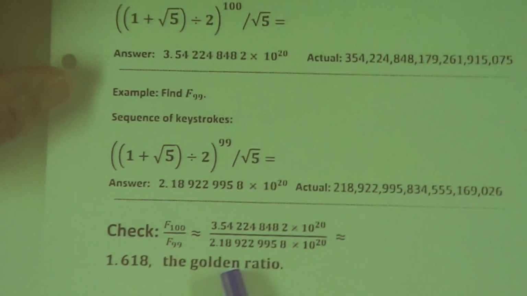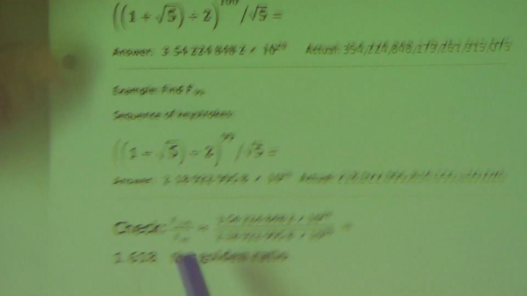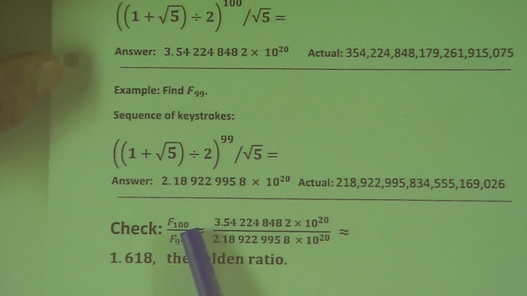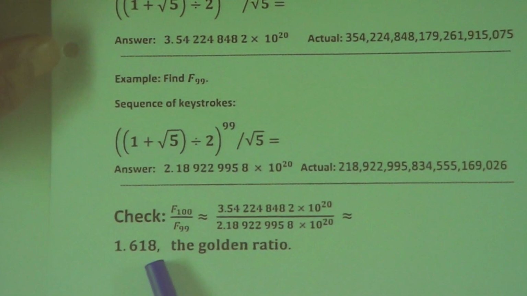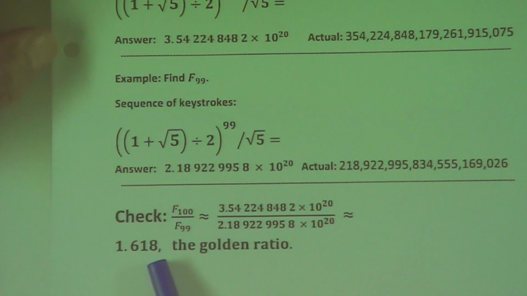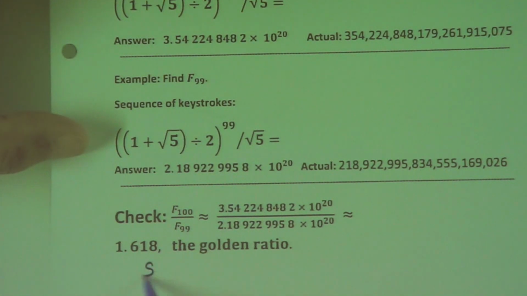Now if you were to take these two numbers, take the 100th Fibonacci number and divide it by the one before it, the 99th, you're going to get 1.618. That thing that we call the golden ratio. You remember I mentioned it when we solved this equation.